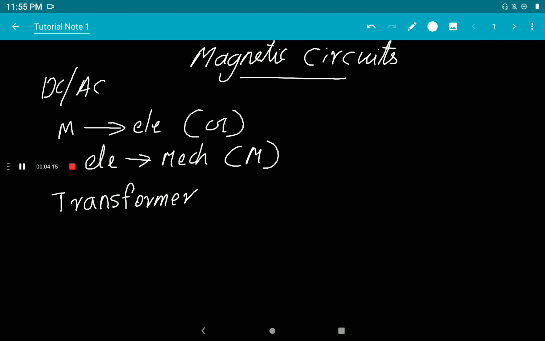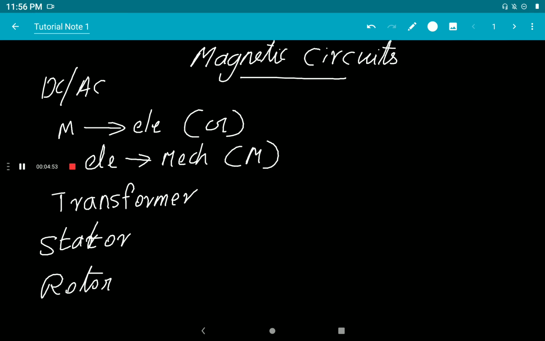So we are going to magnetic circuits. In any electromechanical conversion machine, mainly there are two major parts. One is the stator and the other is the rotor. That means constructionally, in electromechanical conversion machines or equipment, there will be two major parts, stator and rotor.